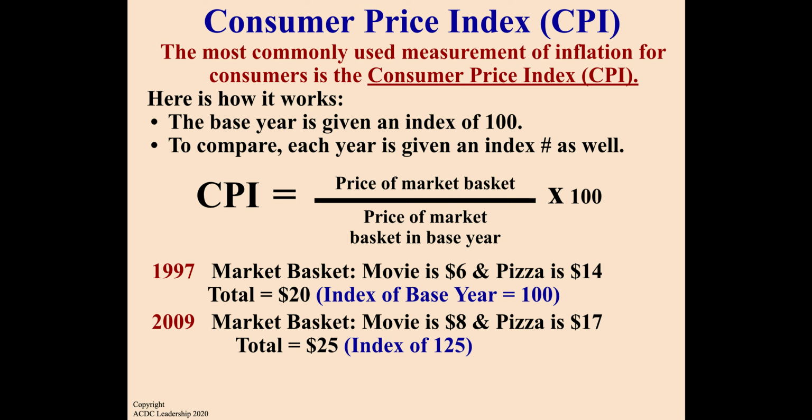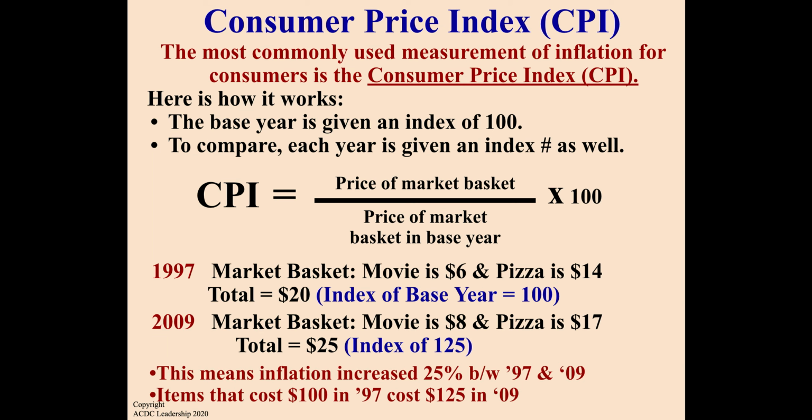If that is your base year, and we consider that 100, then in 2009, if a movie is $8 and a pizza is $17, then the total is $25, which gives an index of 125. This means inflation increased 25% between the years 1997 and 2009. Items that cost $100 in total in 1997 now cost $125 in 2009.